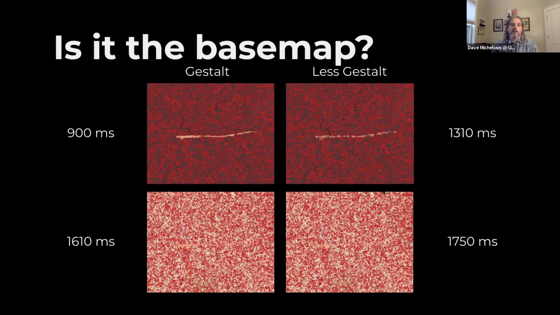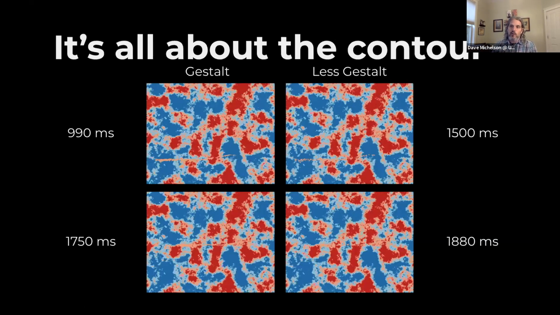But what I want to point out is, is it really the base map? It kind of is, but it's really about the contour. Looking at the exact same distractors, what we notice is in some of our maps where we move that target, remember I talked about randomizing the location of the target.